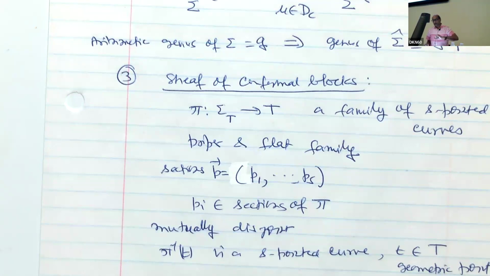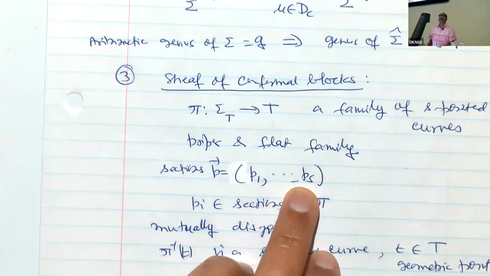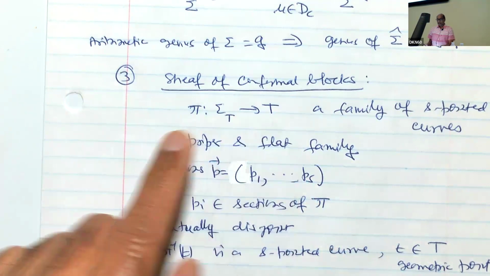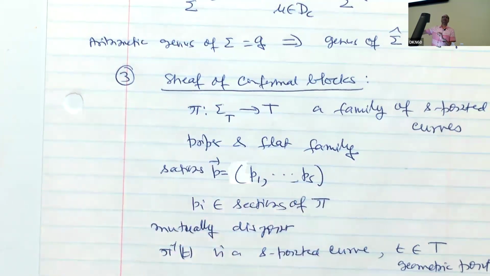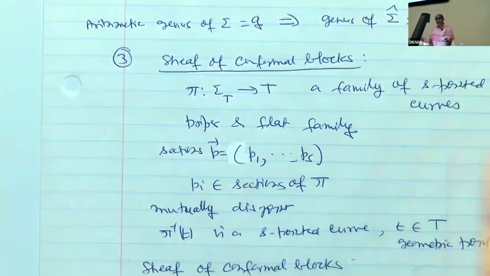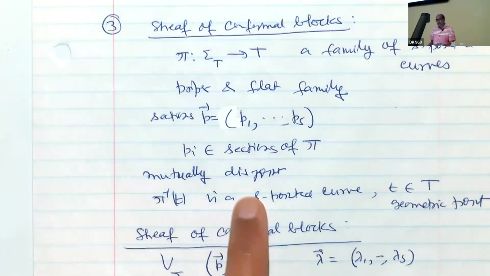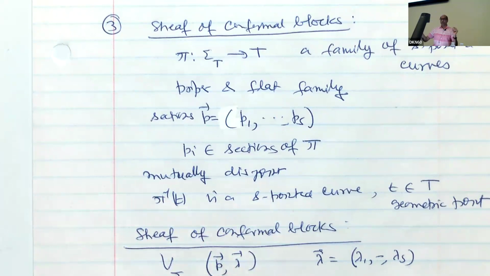And I want sections of this family sigma T to T, exactly as many sections, such that if I take a geometric point in capital T, the fiber with P1 through PS gives me exactly an S-pointed curve over that fiber. So I am basically generalizing this notion of an S-pointed curve to become a family over a parameter space. And I require these sections to be mutually disjoint because I want distinct points.